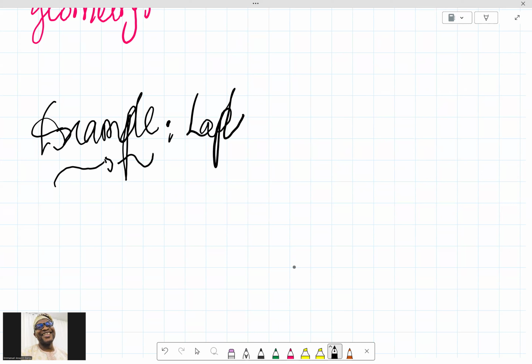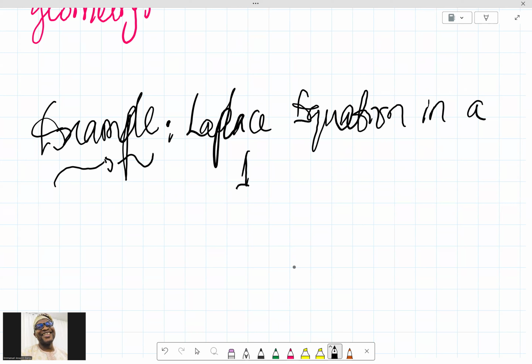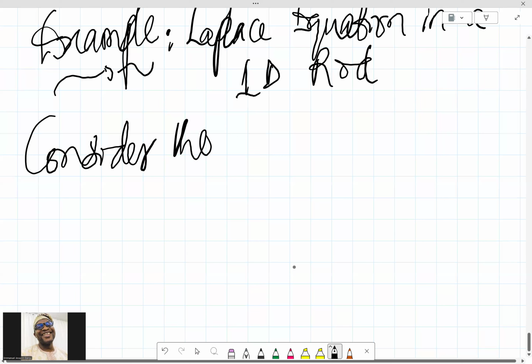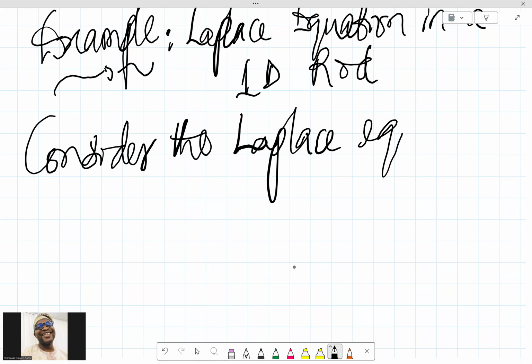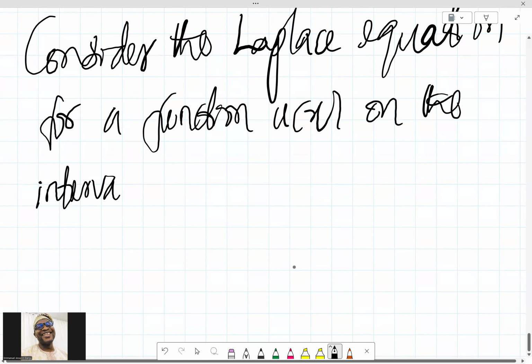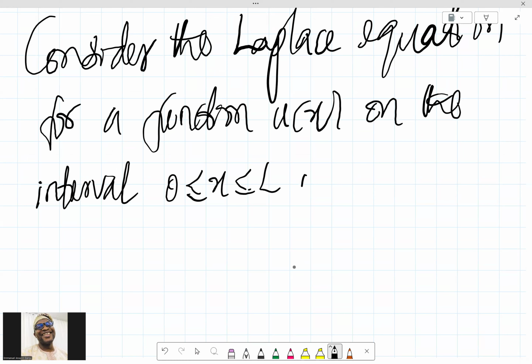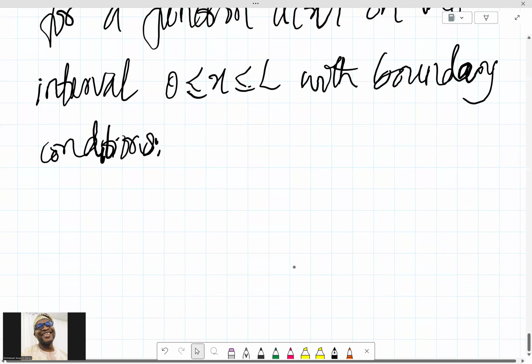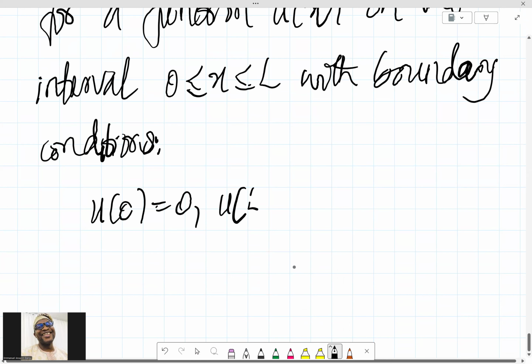So consider the Laplace equation for a function u of x on the interval 0 less than or equal to x less than or equal to L, with boundary conditions u of 0 equals 0 and u of L equals 0.